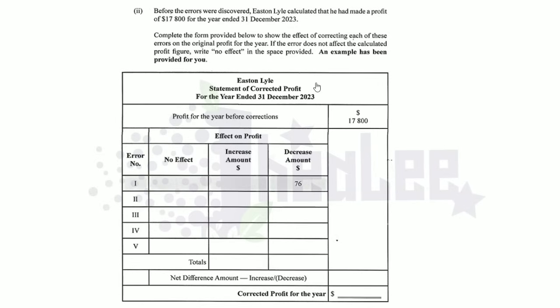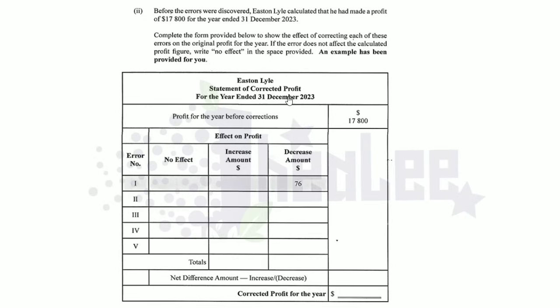And once that example is done for you, it makes it easier for you to proceed in responding to the question because you get a little idea of what you are to do. Now, the form, basically the concept you're using is the statement of corrected profit concept where you show the correction in the profit.